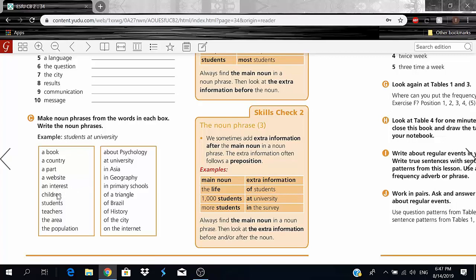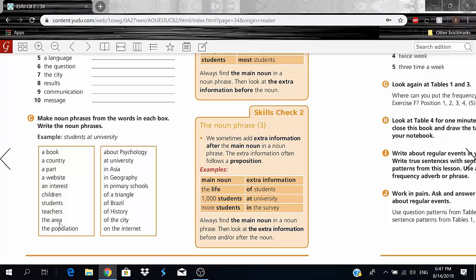Children. What can I use with? Oh, here we go. Children in primary schools. Now this one fits a lot better. Students. What can I use with students? Students at university. Teachers, I can also say teachers at university, by the way. However, I could say teachers of history. That looks better as well.